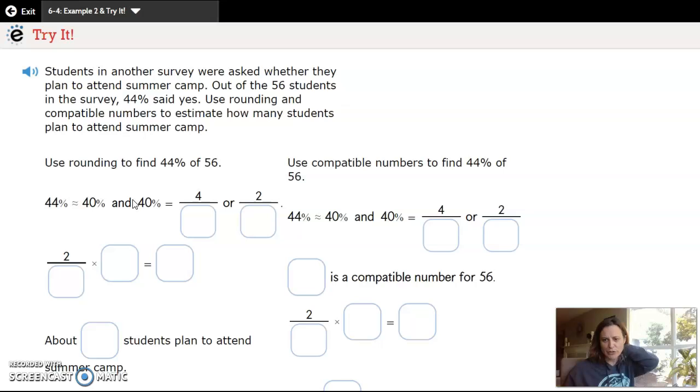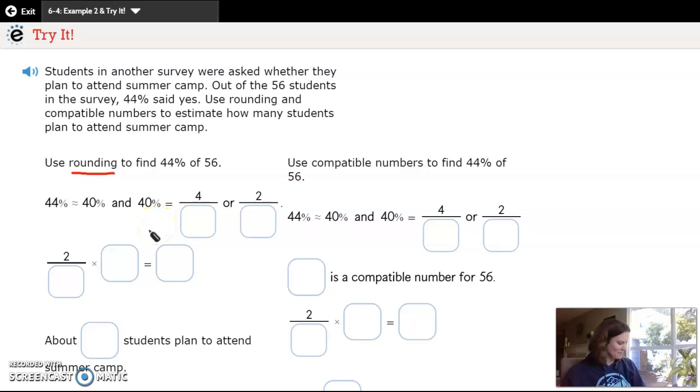For example 2, the difference between rounding and compatible numbers can be a little bit complicated because they seem like they're kind of the same thing. Rounding happens when you follow actual rounding rules.